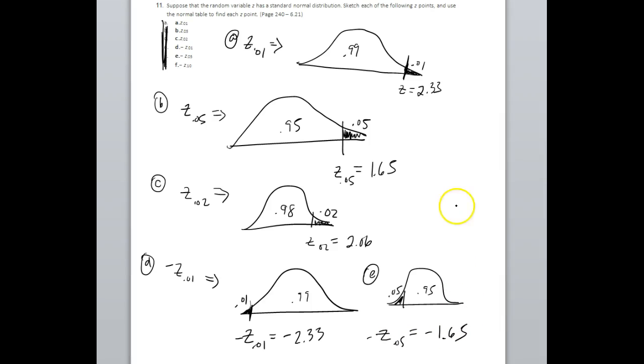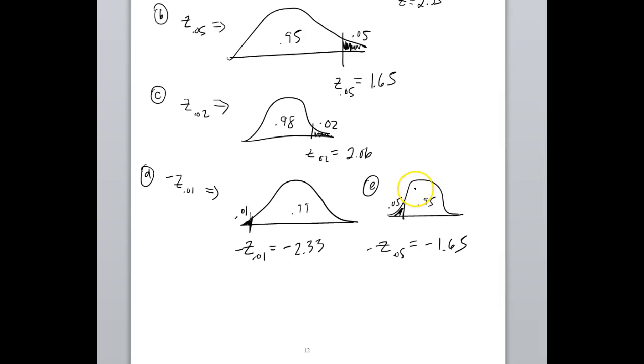And then the only new one that we have to do is F, which is negative z of 0.10, which is like this, bottom 10%.